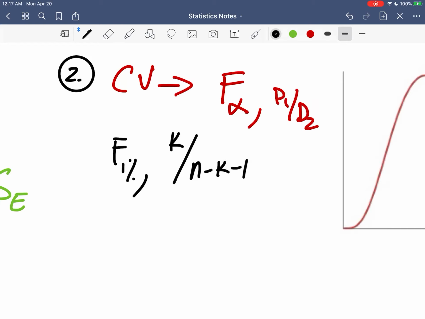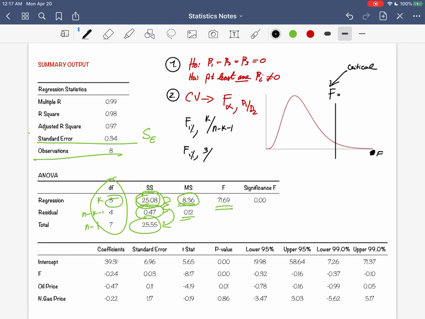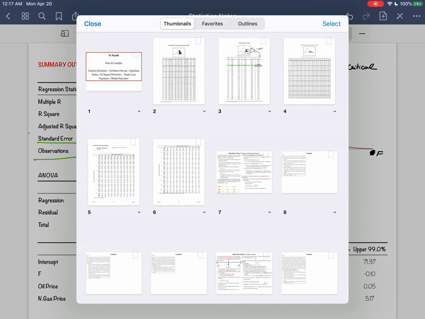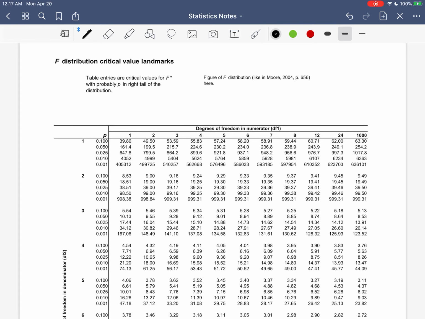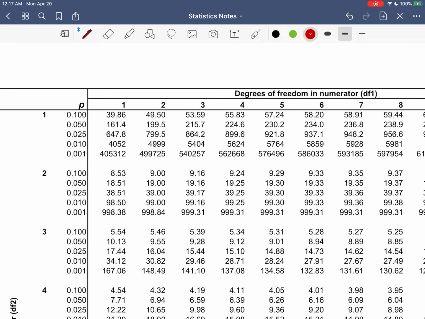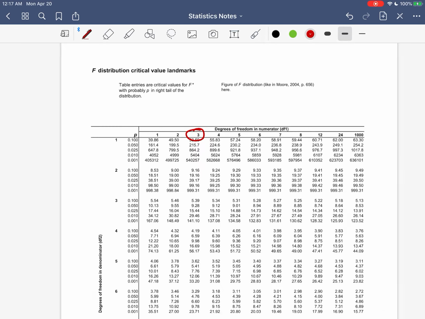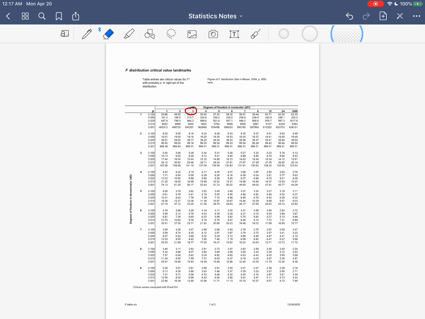So in this case, it's going to be F 1%, 3 divided by 4, which is equal to, let's look it up. You have the F table right here. This is mine, but you can use whichever one you like. This column right here is the one we're going to use.